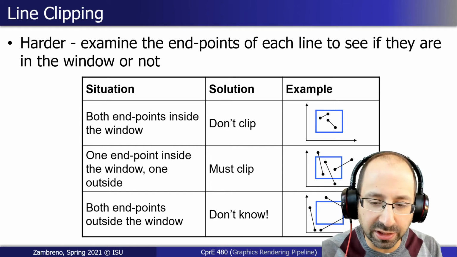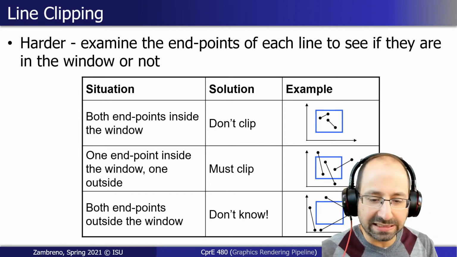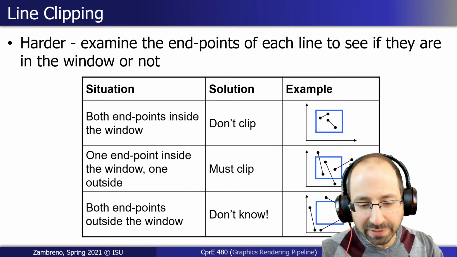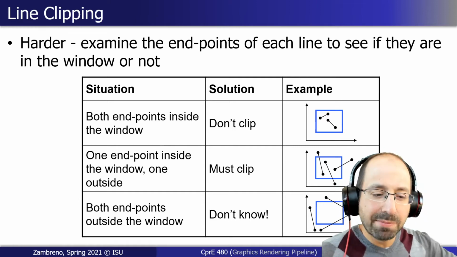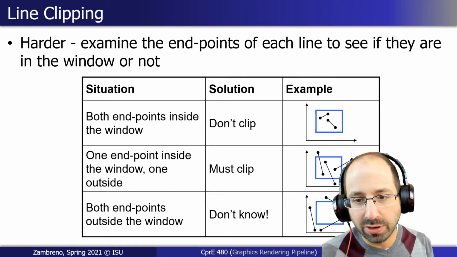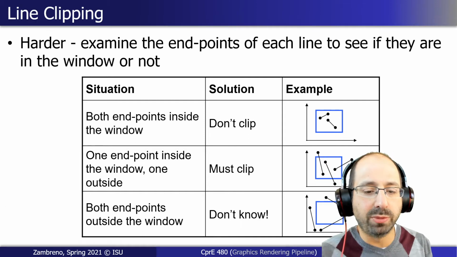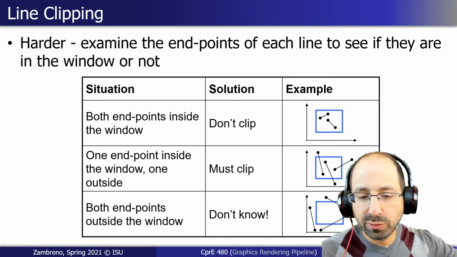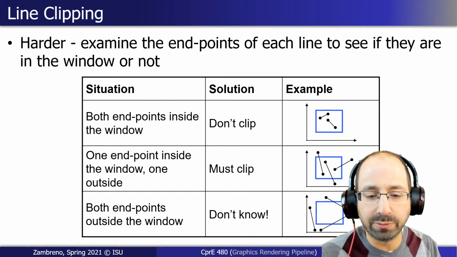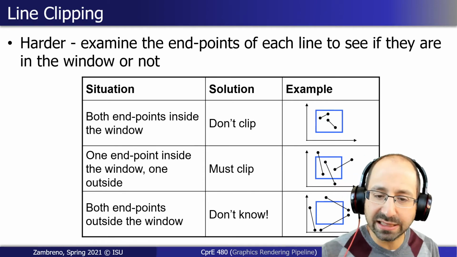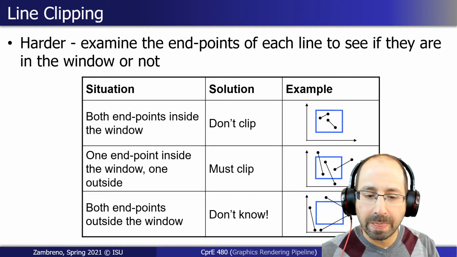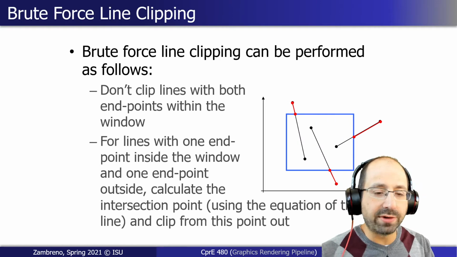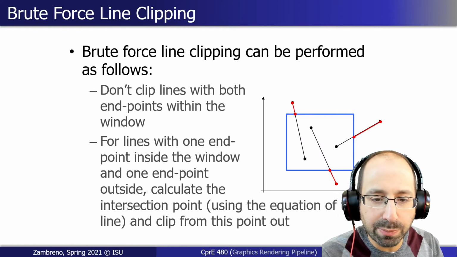Where things get a little tricky, even though, at first glance, it's obvious when you look at it, well, we have to have the math that allows us to automate this. But when both endpoints are outside the window, we have to take a little bit more care to determine, does that mean it's completely to be removed, or does that mean we're going to get a partial line segment? And that's that third case, is the slightly trickier example here. As with everything, we can have a brute force type of approach.